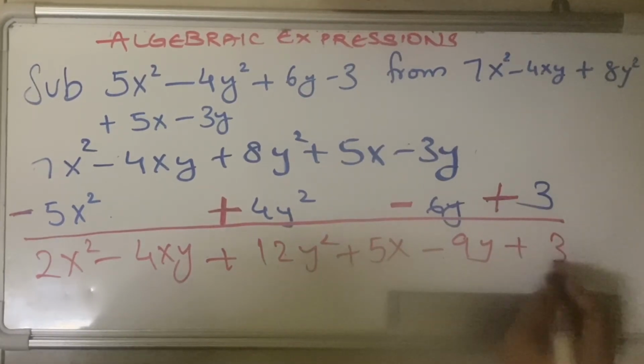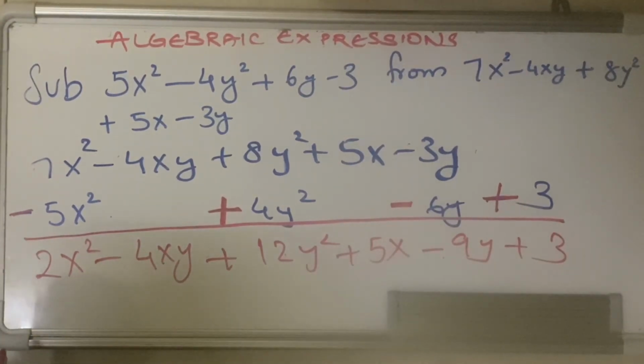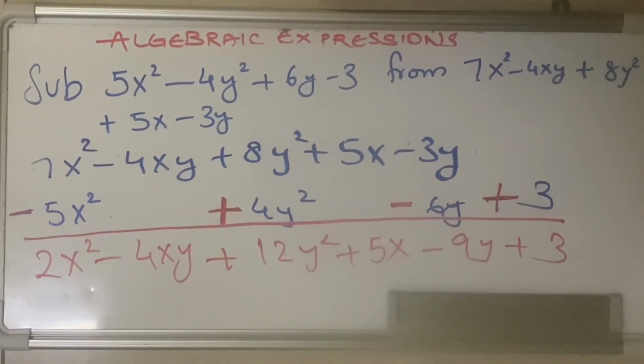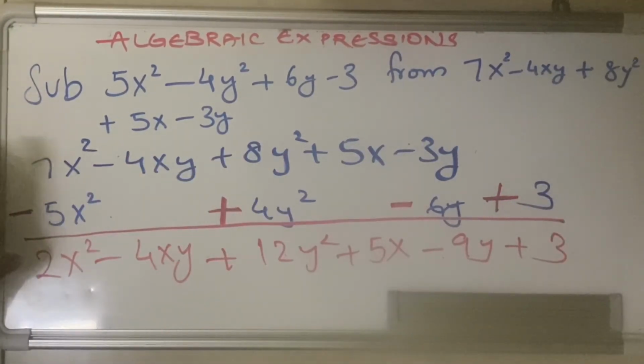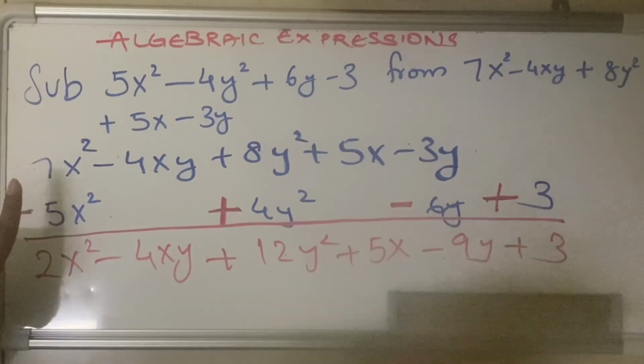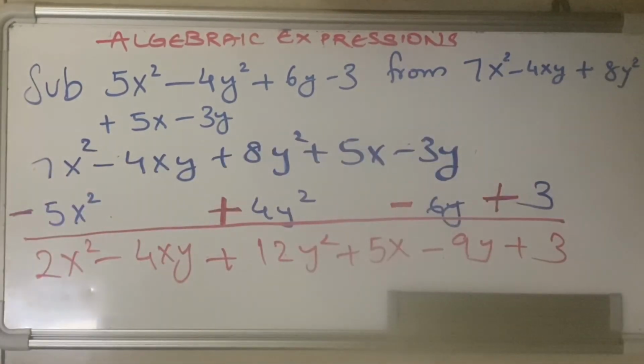Then you have plus 3. Is that clear? So this is how I can simply solve a question of subtraction that comes under expression. You have to just take the second expression, change the sign completely from the first term to the last term. Then you try solving it.